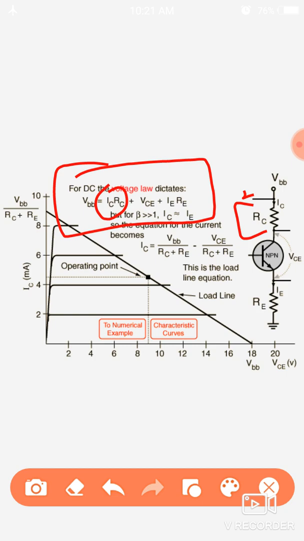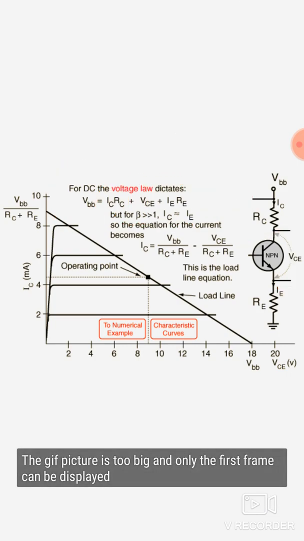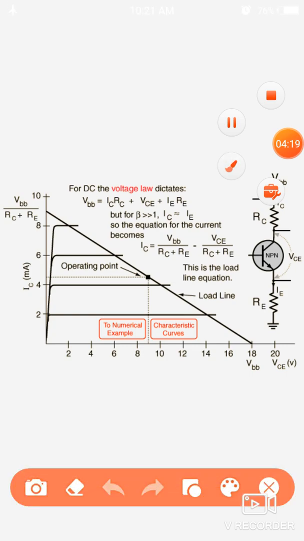The VC is the voltage developed between the collector and the ammeter. This we call VCE, and the current passing through IE and RE is equal to IE RE. As we know that IC is of the order of IE, this equation can be written as IC equals VBB upon RC plus RE, minus VCE upon RC plus RE.